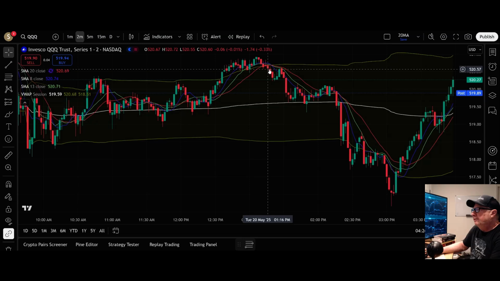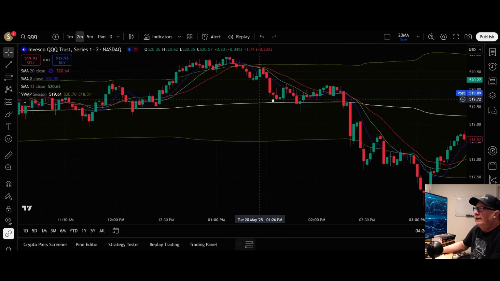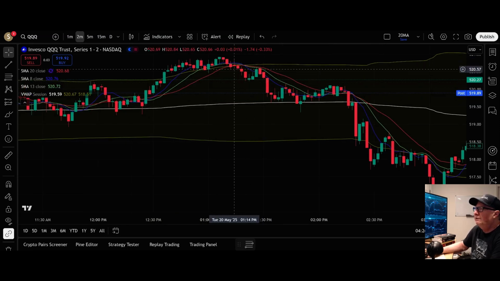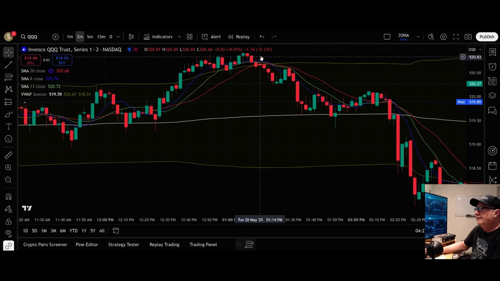This is what I saw in the afternoon, beginning of the afternoon, was this top and then a higher high and then an attempt, and I'm going to zoom in a little bit so you can see it, an attempt to move higher at this point, and this candle in particular with the topping tail made it look a little bit like the beginning of a head and shoulders pattern, and it was happening right around the 20.